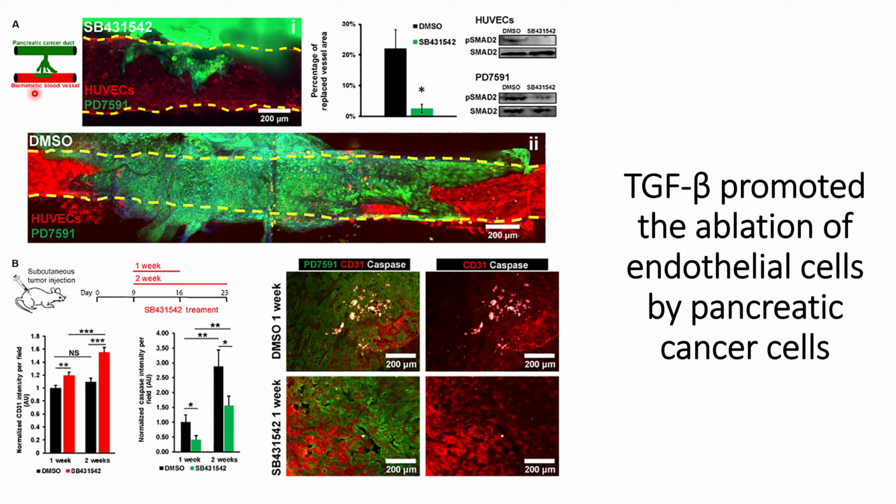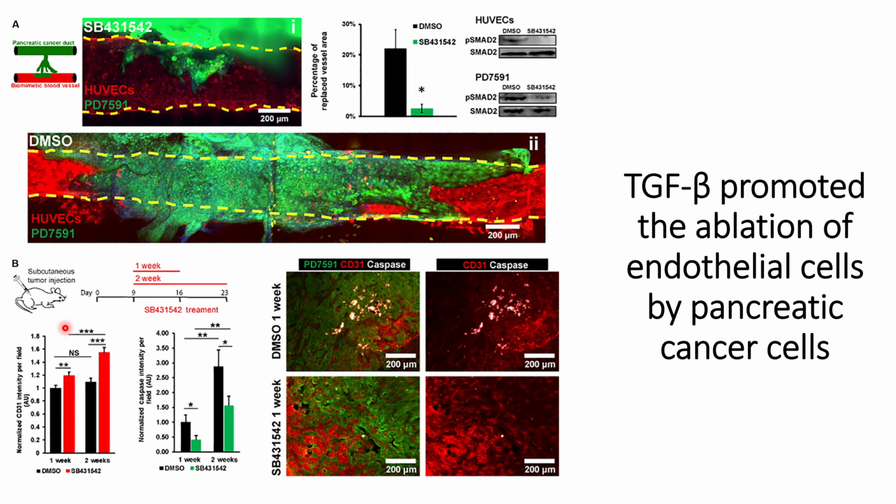Next, after checking these biomimetic results, they decided to do in vivo studies on the mouse, and they did a similar experiment. In one group they injected DMSO, in another group they injected SB431542, and they checked the mice after 1 week, and also checked some other mice after 2 weeks.